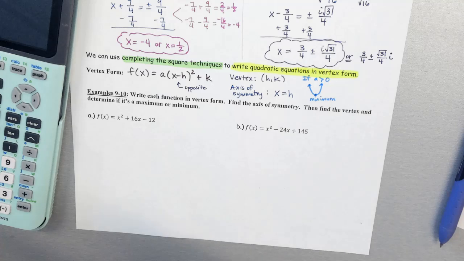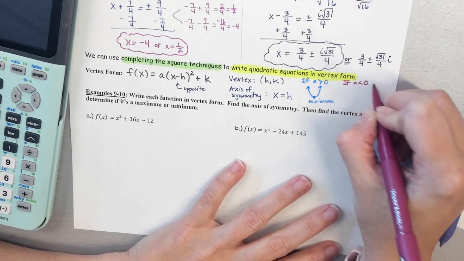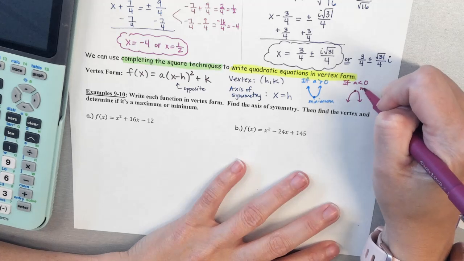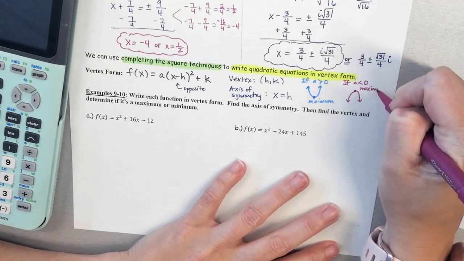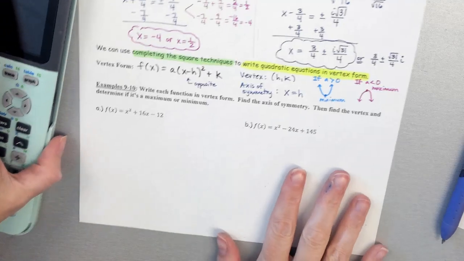If your a value is less than 0, then it's going to open downward, and it creates a maximum value. Okay, so you're going to be picking out your vertex, your axis of symmetry, your maximum, your minimum.